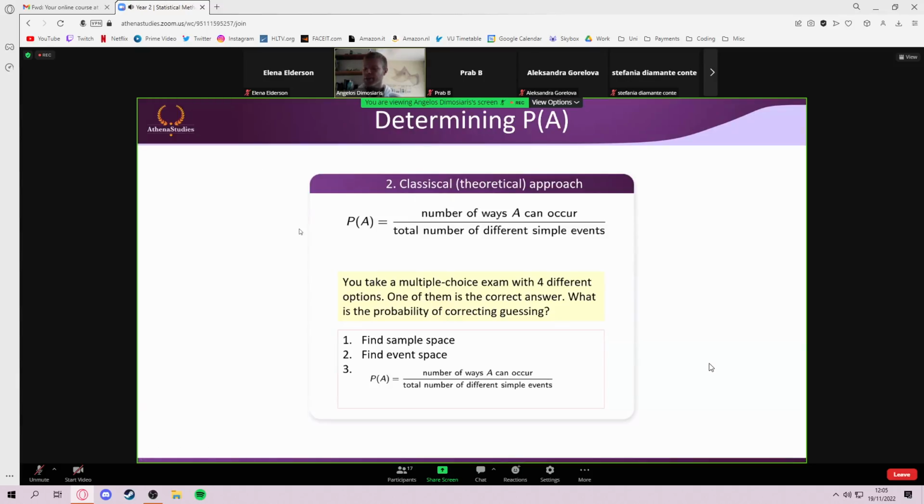All right, so let's continue and talk about the classical theoretical approach to determine the probability of an event A to happen. Are there any questions so far before we start with the classical approach?